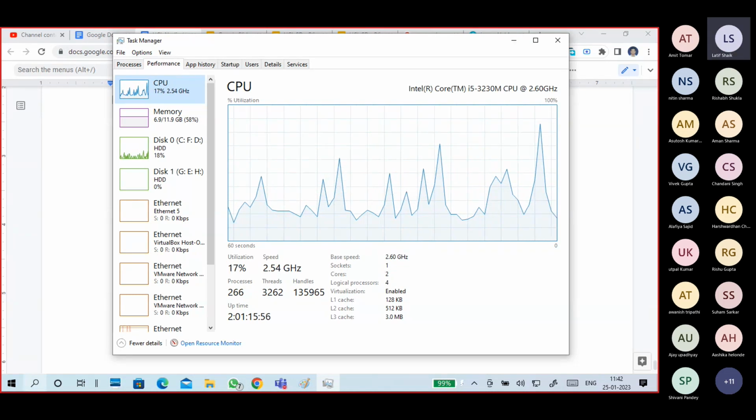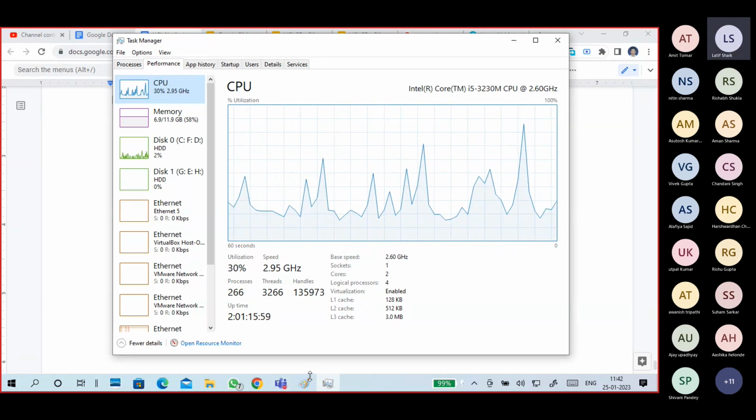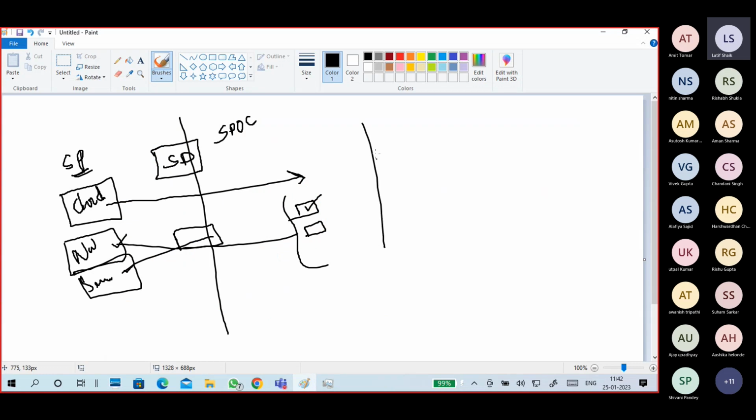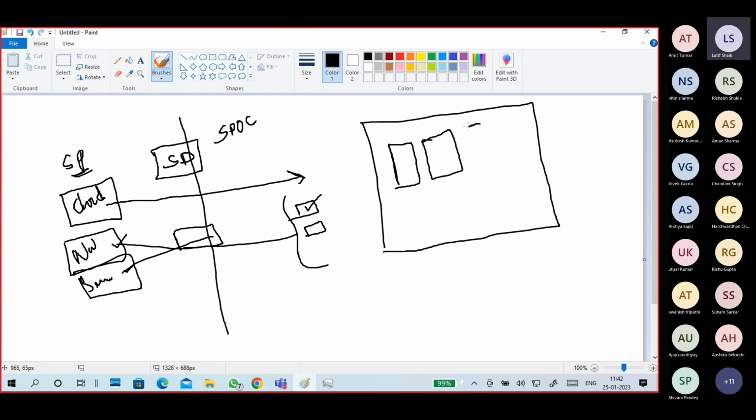If you have virtualization technology in your PC, it means you can create multiple virtual machines using either software or built-in tools like Hyper-V.